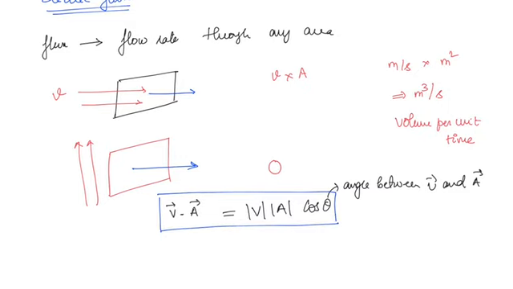Now here we are assuming that the velocity is uniform all through the area, right? But it is not always the case. The velocity may be different at this point, and it may be different at this corner.